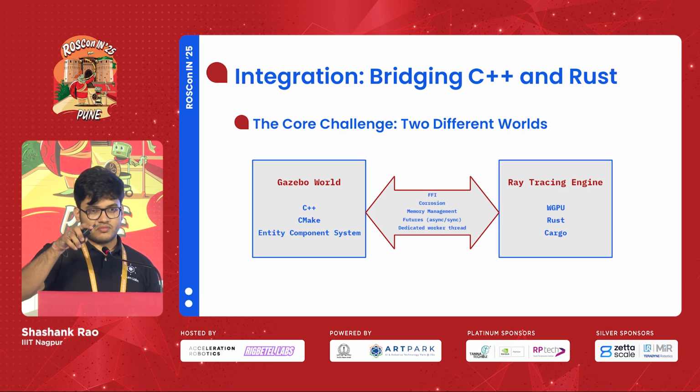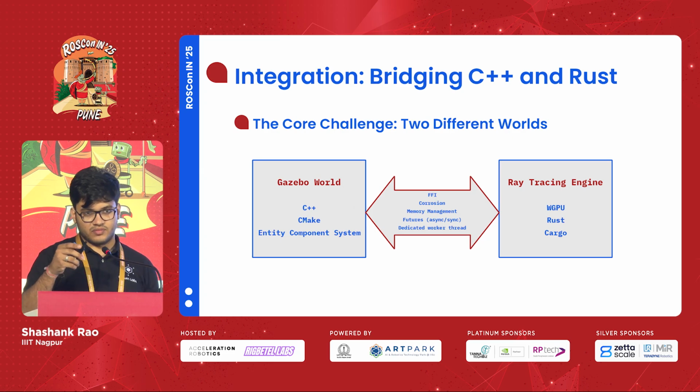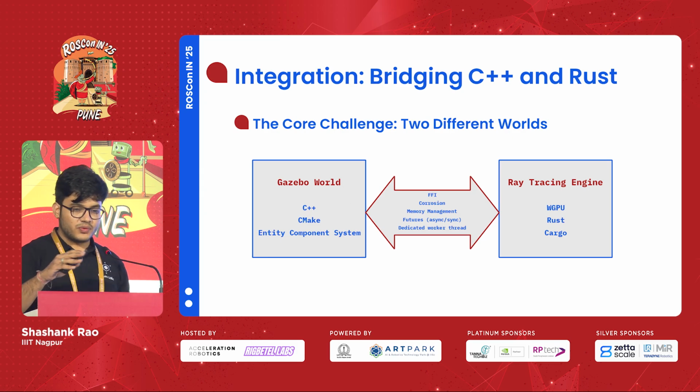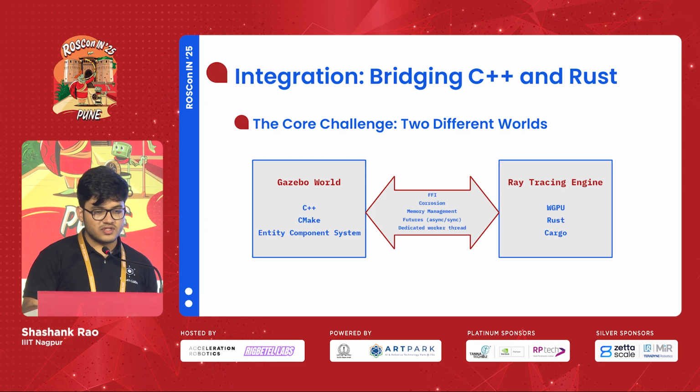To connect these two, a bridge called FFI, Foreign Function Interface, was built, and Corrosion lets you build Rust along with CMake. So FFI was built, Corrosion was used, and smart memory management techniques were applied to share all the information between these two platforms.